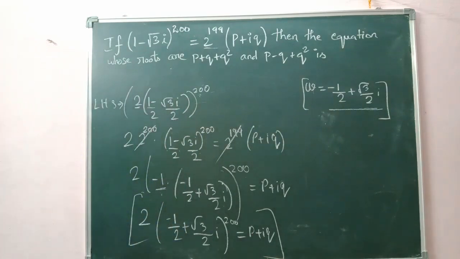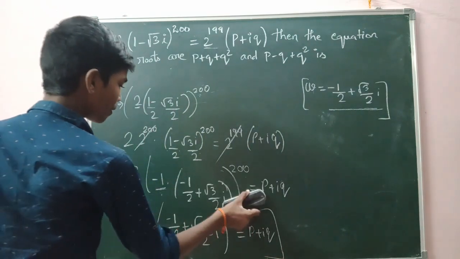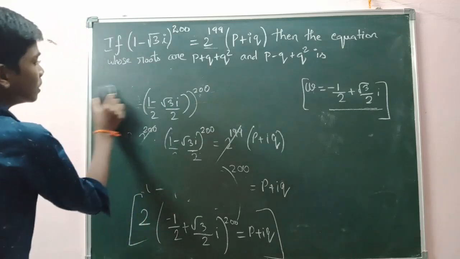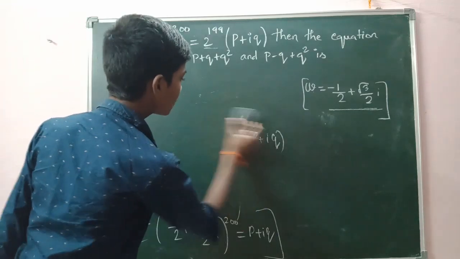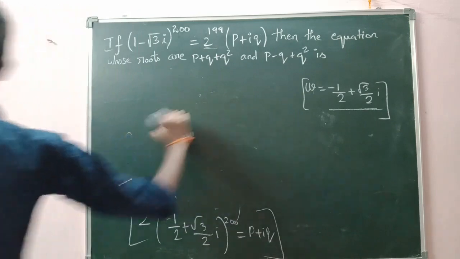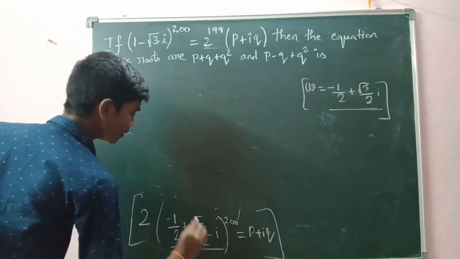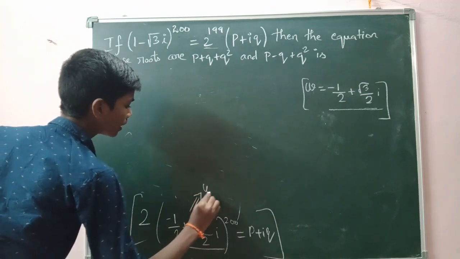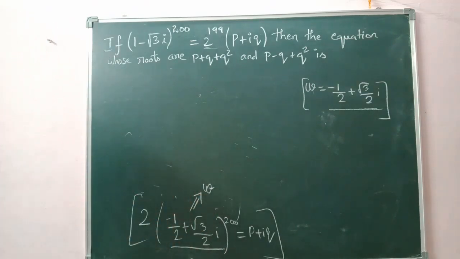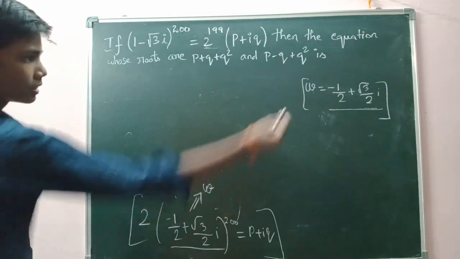So now I will wrap up all those things that I wrote before, because those things are not here now. Okay, and now our next step is, we know that minus 1 by 2 plus root 3 by 2 iota is your omega.